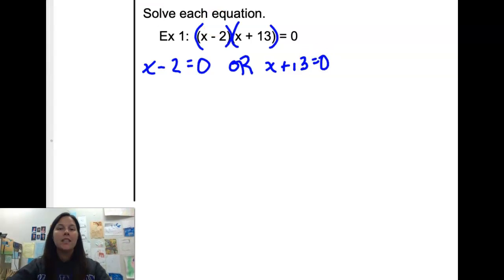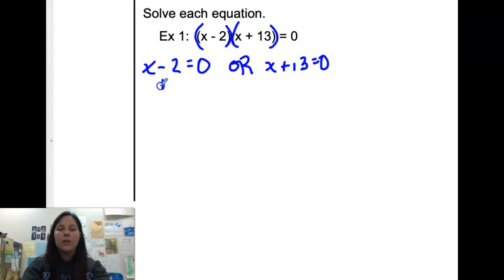Now when we solved linear equations, which were equations that had just x, they didn't have any powers, we could only get one answer. When we solve a quadratic equation, we can get 2 answers because it has a power of 2. So that's how many possibilities we have for the answer for our quadratic equations.